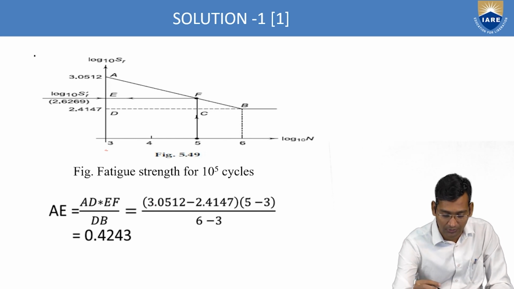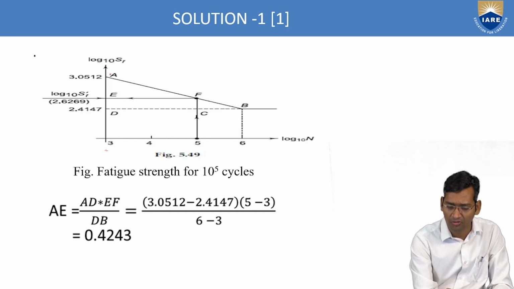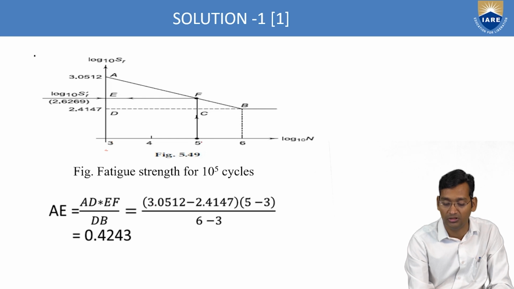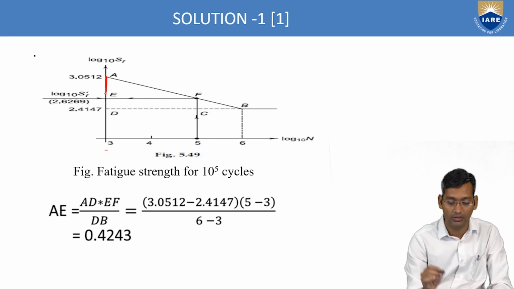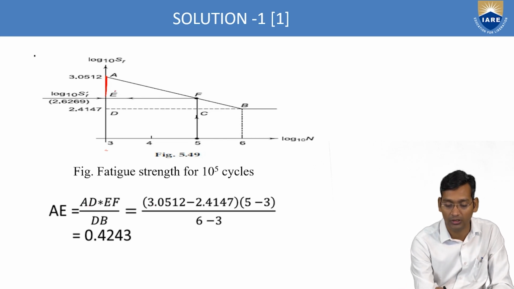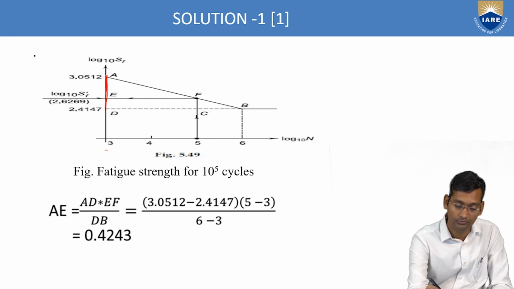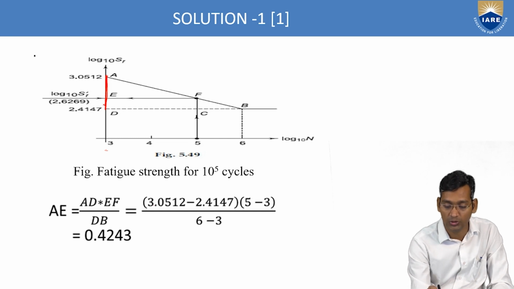Okay, so now just see this diagram. From here, all the values we found from 3, 5, 6, whatever is there for F and B. So from here, AE, right? So this is AD, okay? AD into EF, divided by DB, right?